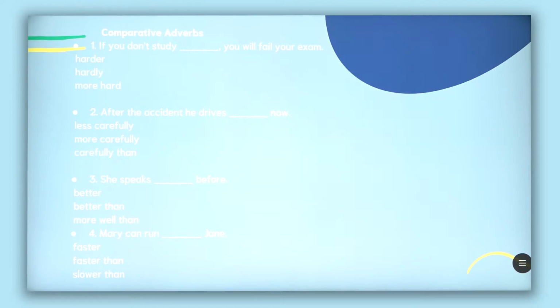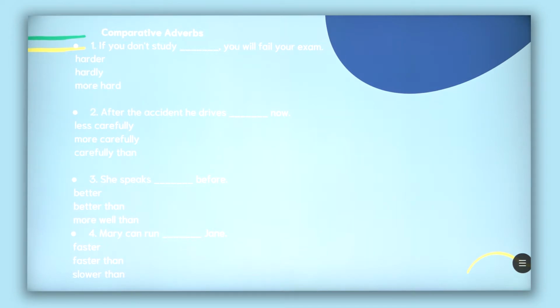Here we've got some examples, and you will use this task to identify comparative adverbs. The first one: if you don't study harder, you will fail your exam. Here we can see that harder is the correct adverb for this sentence.